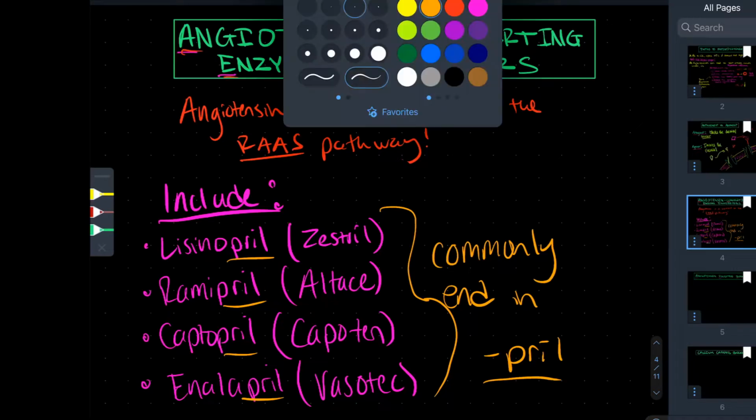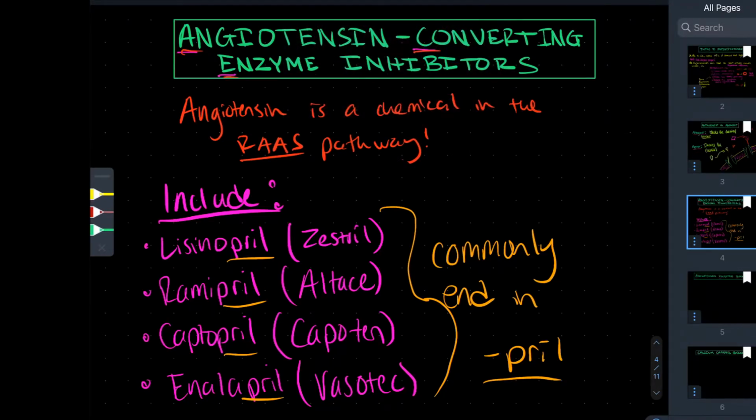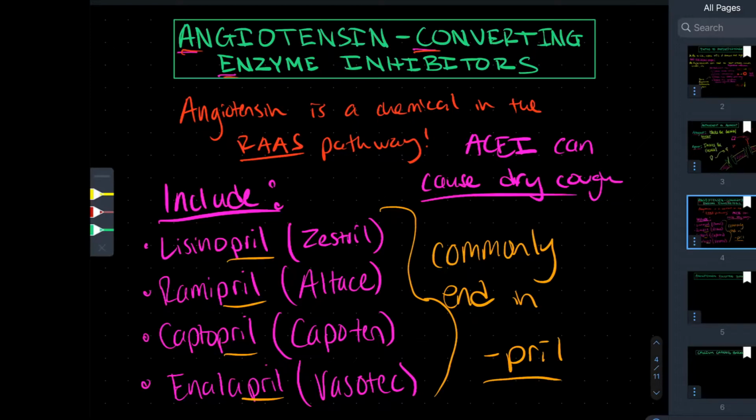And then something interesting to know that is a common question for PTCB exams is that ACE inhibitors can cause dry cough. I mention this just because it is such a common symptom, and it's often the reason that people get off of ACE inhibitors.